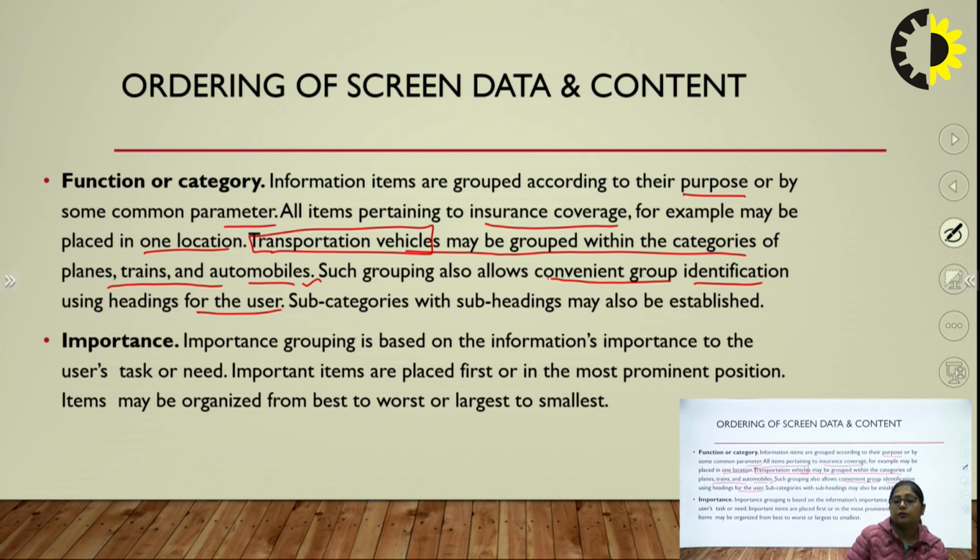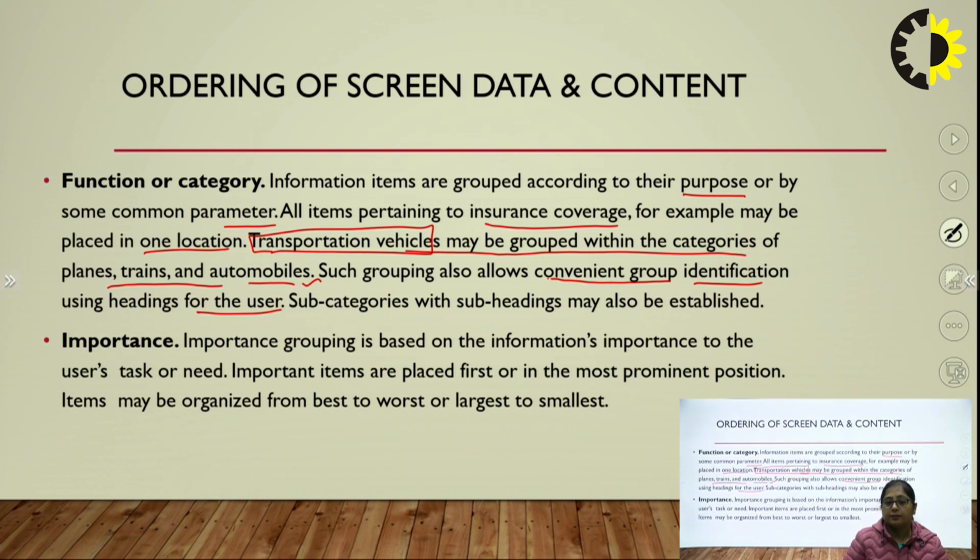So the user can go for the transportation vehicle and under that it will find the three options, by plane, by train or by automobile, okay. Based on fare, time and convenience, the user will decide whether to go for the plane, train or automobile, okay.